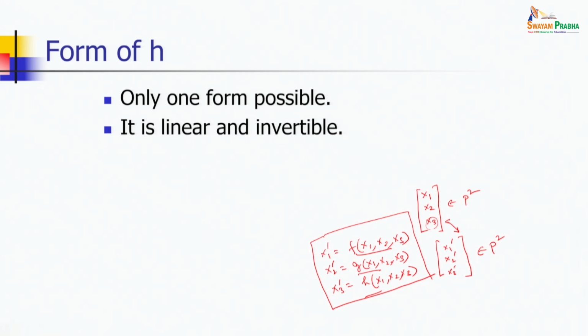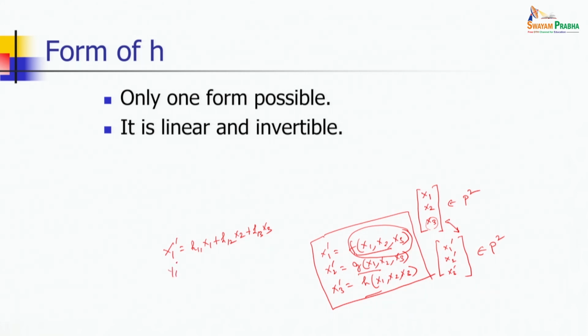That means all these functions are in the form of a linear function. So I can write, for example, x1 prime equal to h11 x1 plus h12 x2 plus h13 x3. That is the linear function in terms of the coordinates of the projective space.